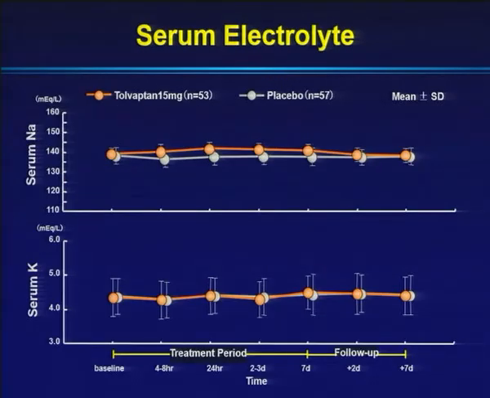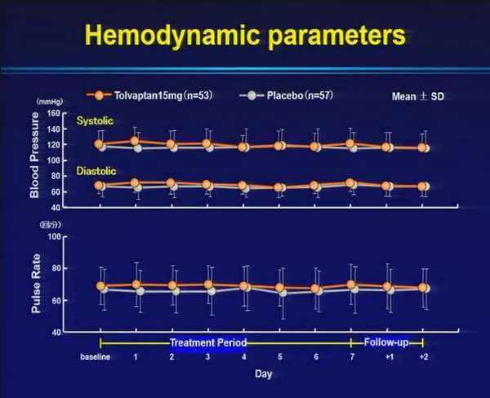Interesting is that the serum sodium is slightly increased, and in patients with hyponatremia, the serum sodium increases more than in normal patients. And serum potassium doesn't change at all. This is a very critical difference from furosemide. Blood pressure and pulse rate don't change. So it's very good news for patients with heart failure. The hemodynamic change is not observed.